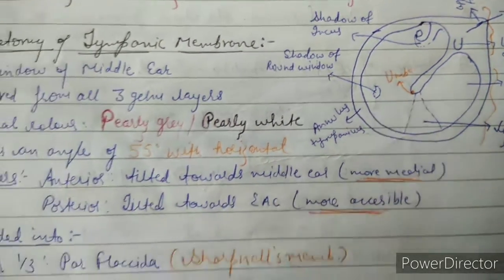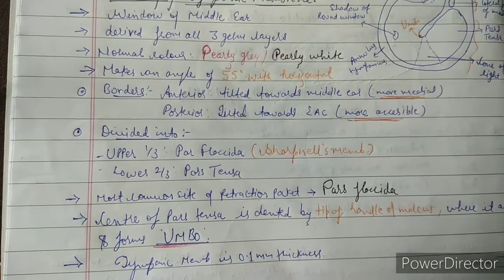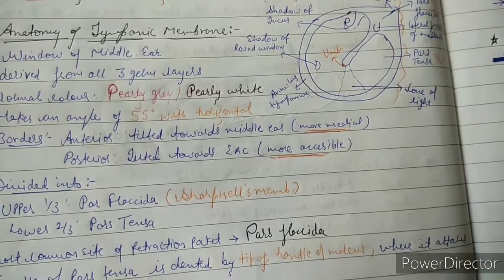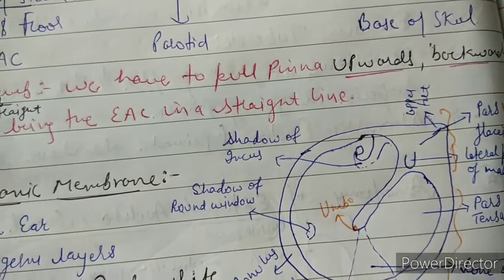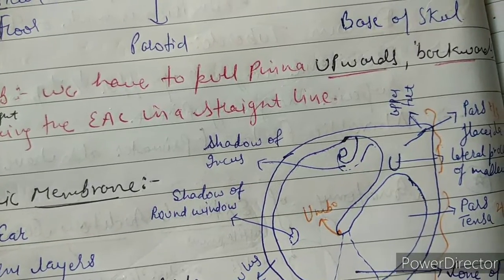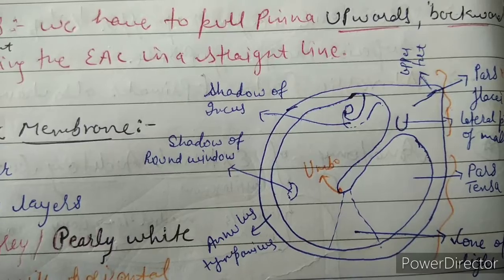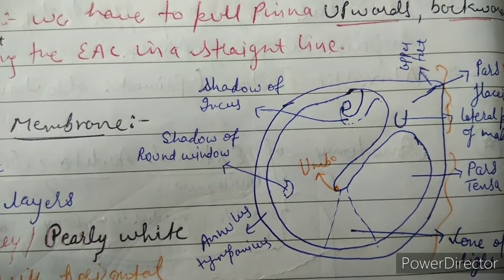It is tilted towards the center of the pars tensa, where the tip of the handle of malleus attaches and forms the umbo. So the umbo is the center part of the tympanic membrane, and the handle of malleus is attached to it. That's why it is tented, and that is known as the umbo.